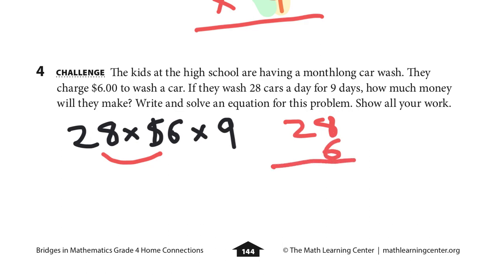Okay? Once you've done that, take this answer here and then take it times 9. Okay? So do it one at a time. That's going to save you a lot of heartache, because right now you've got 2 digits times 1 digit, and then you'll end up with a 3-digit number down here. Then you'll have a 3-digit times a 1 digit, which we've already done.